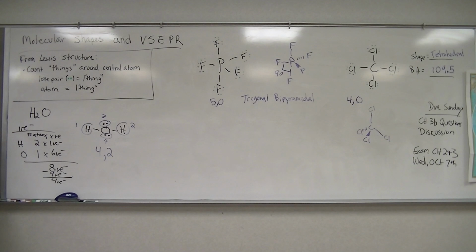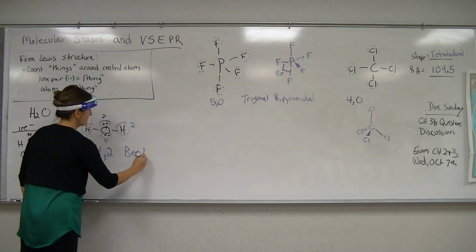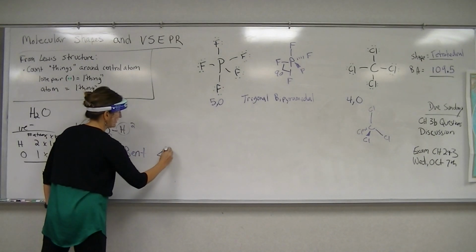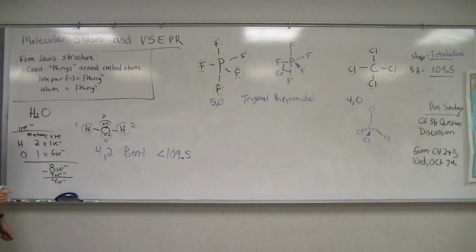So to figure out that shape, looking on page 4, 4, 2 says it's going to be bent. And the bond angles are going to be less than 109.5.